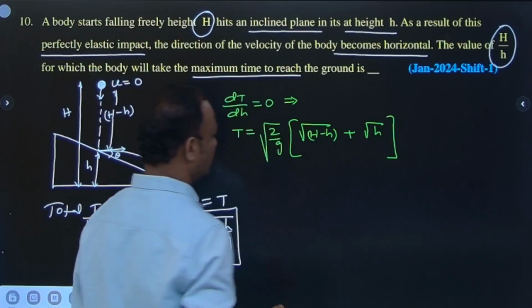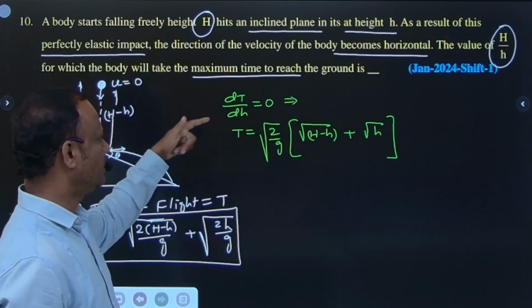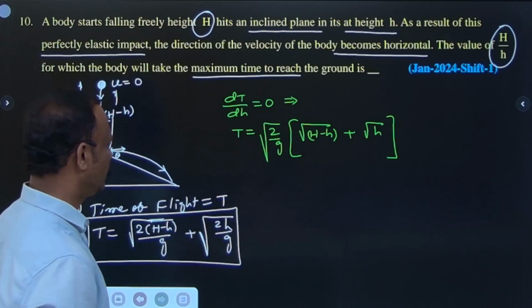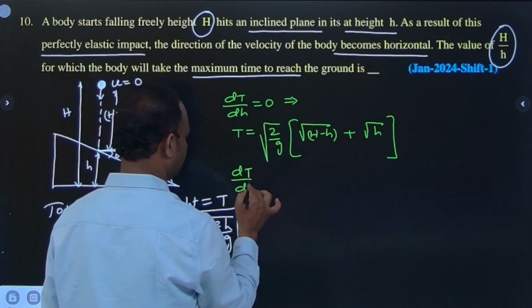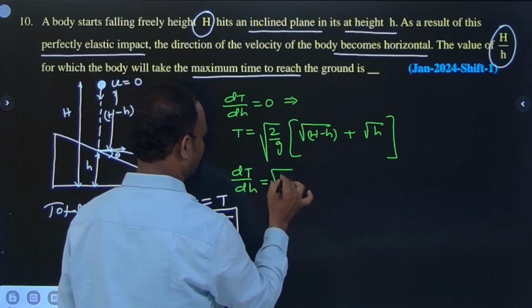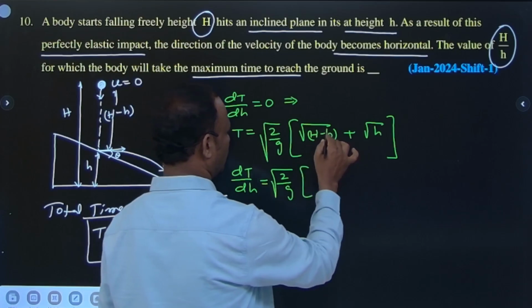Now I am finding dt by dh, and after getting this I need to substitute dt by dh equal to 0. So dt by dh is equal to square root of 2 by g times the derivative of root of H minus h.